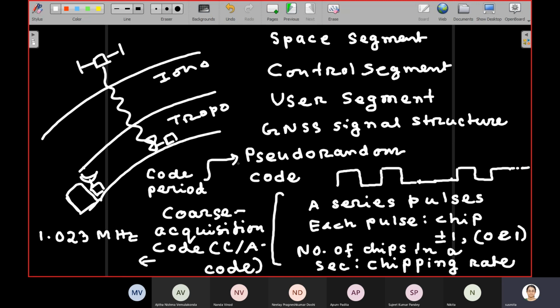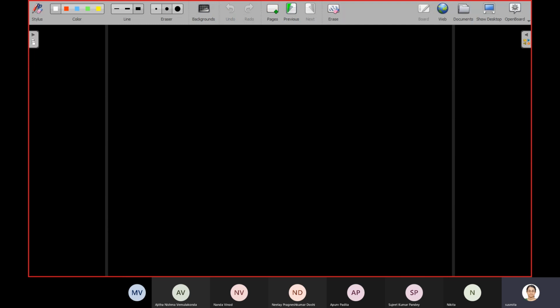In addition to this, the pseudo-random code can be used to determine range to a satellite. So we already discussed that GNSS works on the principle of ranging, right? So we need to measure ranges to the satellites. So using the pseudo-random code, it is also possible to determine ranges to the satellites. So it has two basic functions. One is identify a satellite.